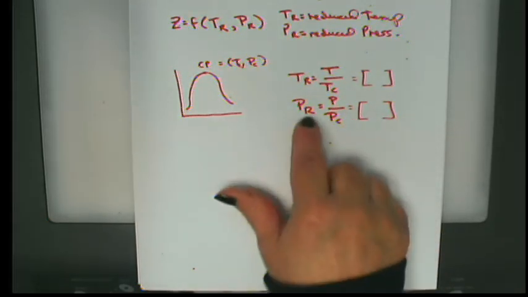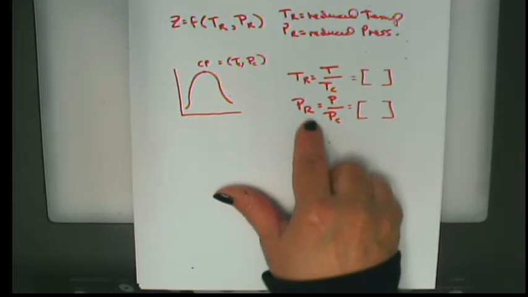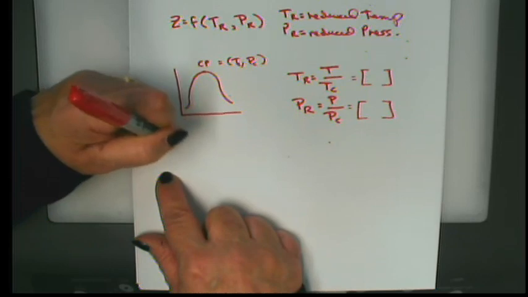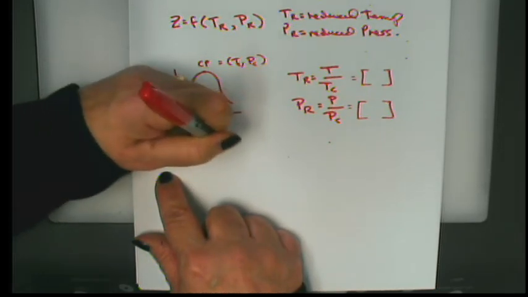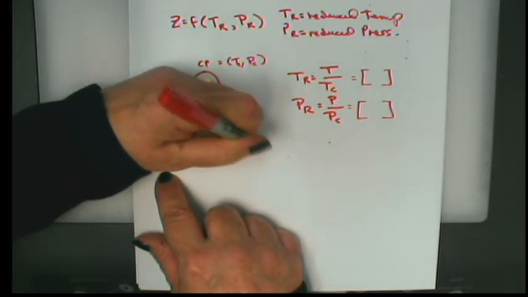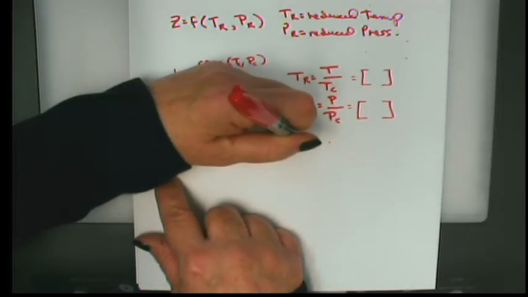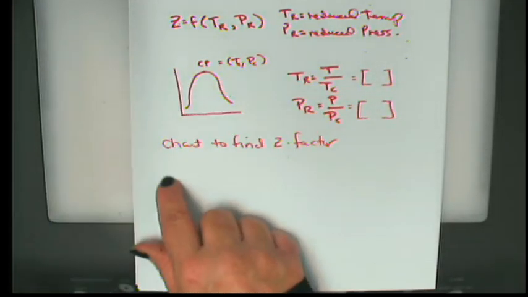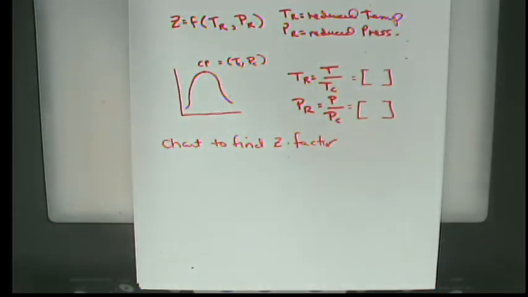We use those values of reduced pressure and reduced temperature in a chart to find the Z factor. Right? Now, this is in your property tables, and I'm going to find it for our tables. I'll show you what the chart looks like. I'll see if we have one back here.